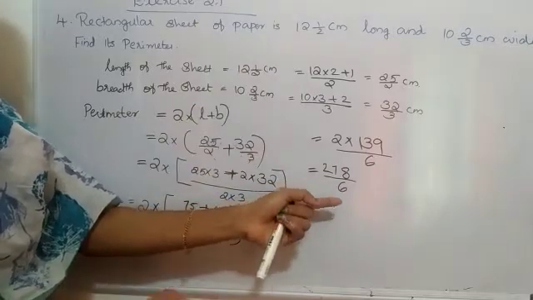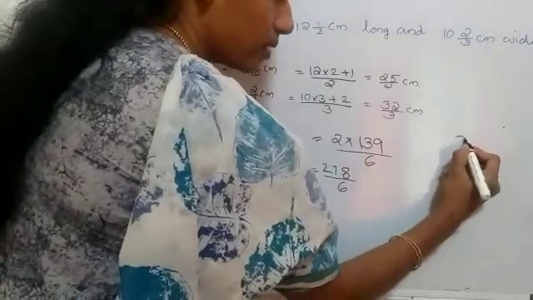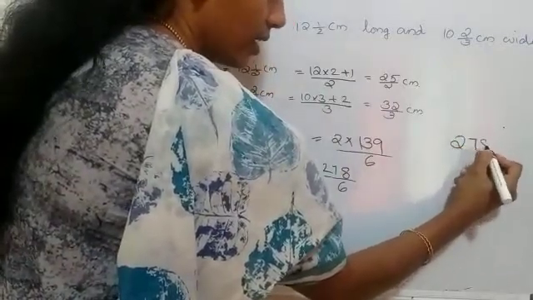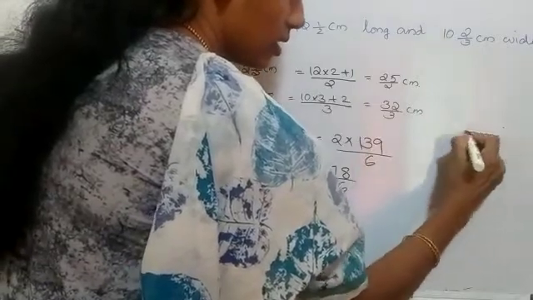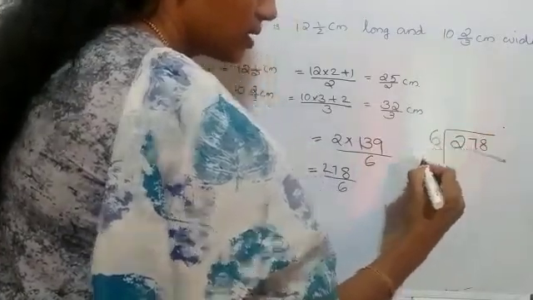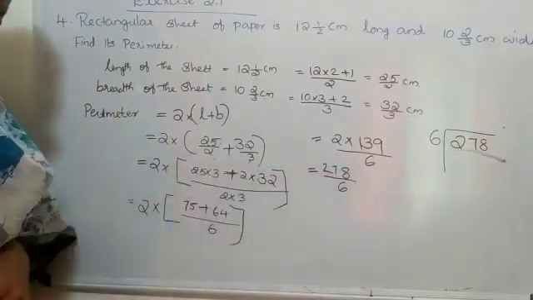So how to convert it as a mixed fraction? Same way. Listen here. 278 divided by 6, like this. This is dividend, this is divisor, that you know.